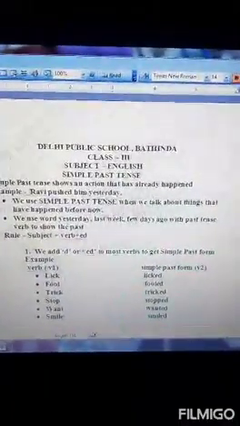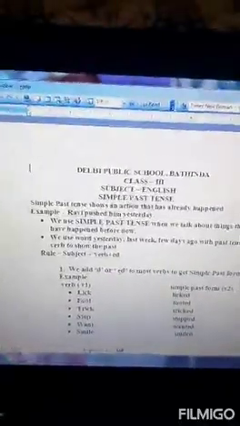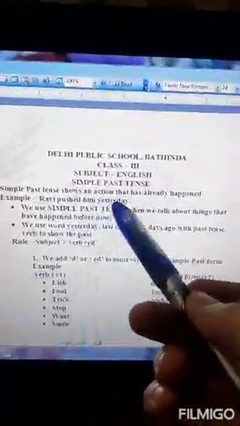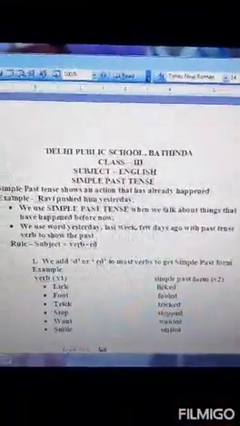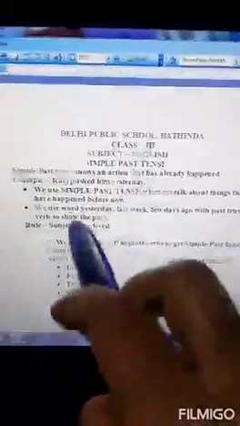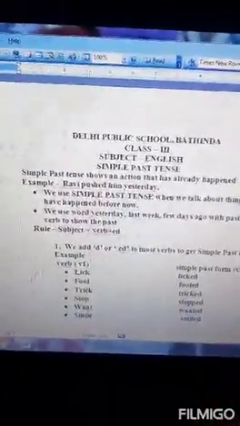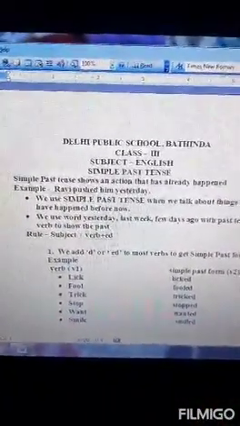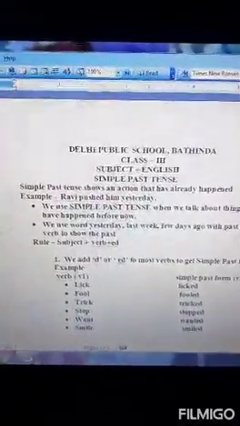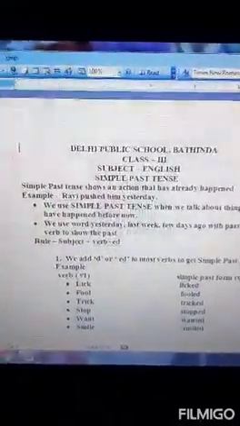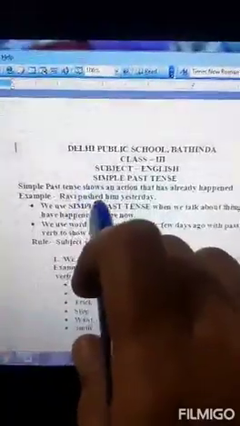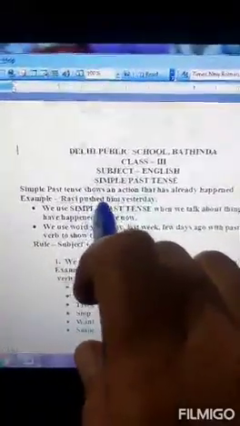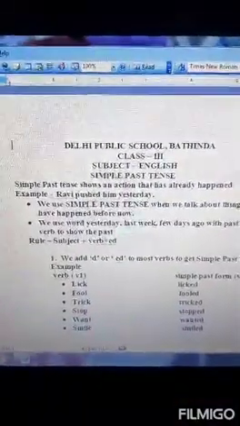Like here I have taken the example Ravi pushed him yesterday, means the action has already taken place yesterday. Like if I say Ravi pushes him, it means right now Ravi pushes him. Ravi pushed him. So here I have changed the verb form by adding ed, so that it becomes past.